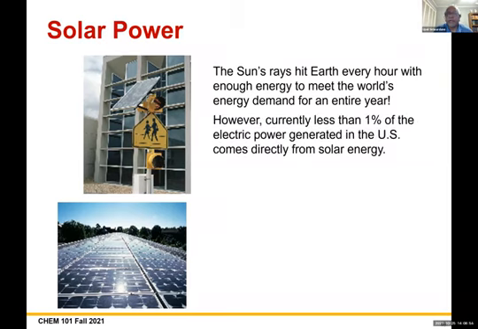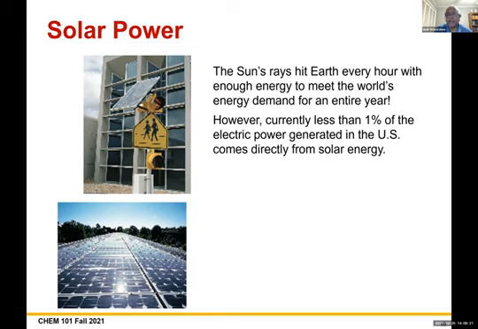However, currently less than 1% is used to generate US electric power. So there's a large potential; we can at least increase that to 20%, just to compete with nuclear power.